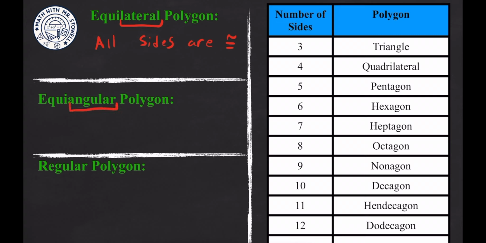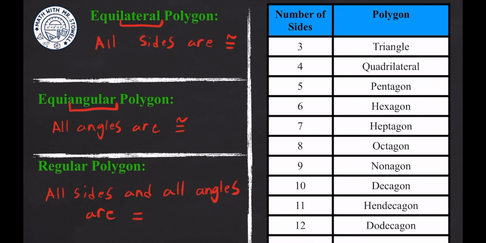Equiangular, the equal means that they are going to be equal. The angular means that the angles are going to be all the same. So all angles are congruent. And a regular polygon means that all sides and all angles are congruent.